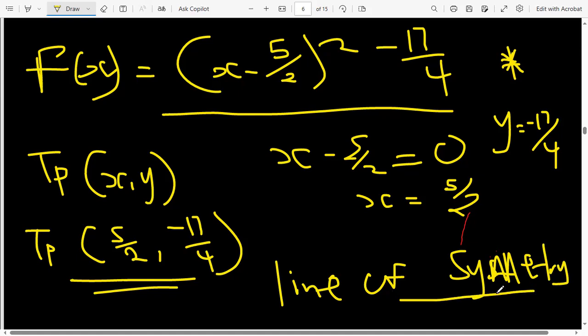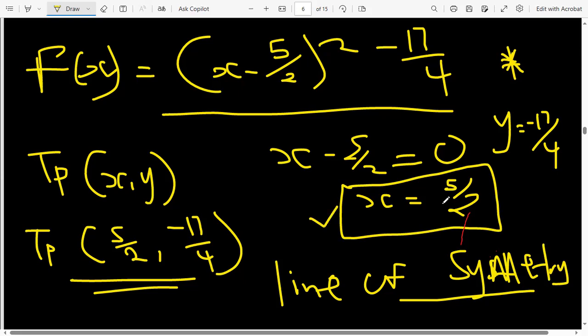So the line of symmetry is just the x coordinate of the turning point. It's just the English there, just trying to play with the English. So here, x is equal to 5 over 2. This is the line of symmetry. Why is it the line of symmetry? I will explain when I come up with the graph.